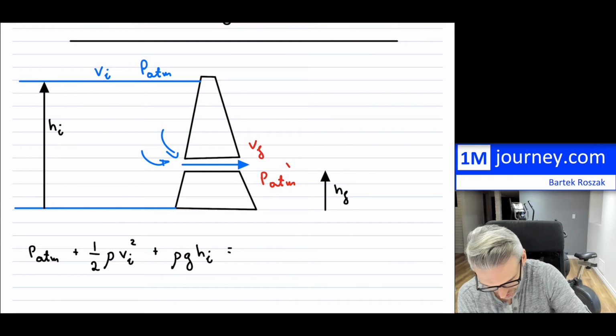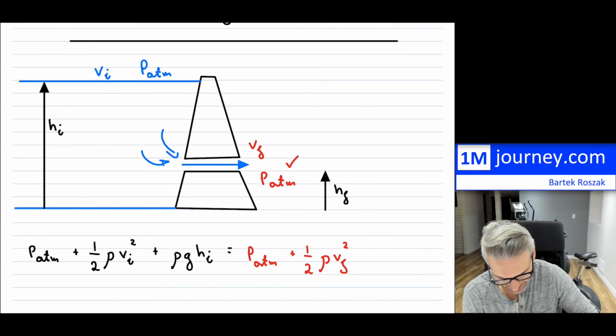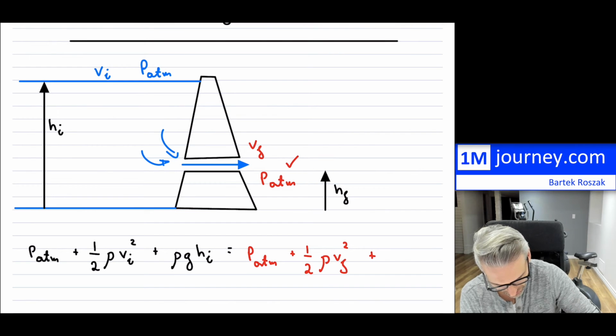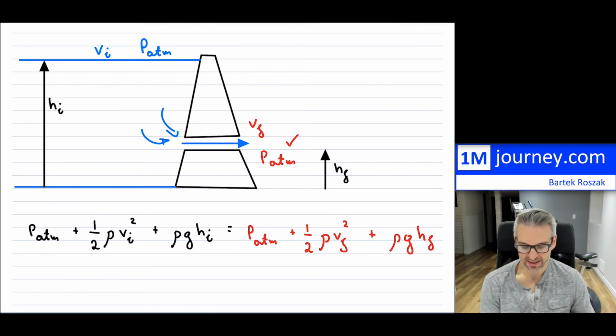We have our pressure, which is still atmospheric pressure right here, plus the term related to the flow, which is the speed of the fluid, going to be that right there. And then we have the actual height related back to that potential energy per unit volume, and that's what we would have in there. So we have the left-hand side and the right-hand side.